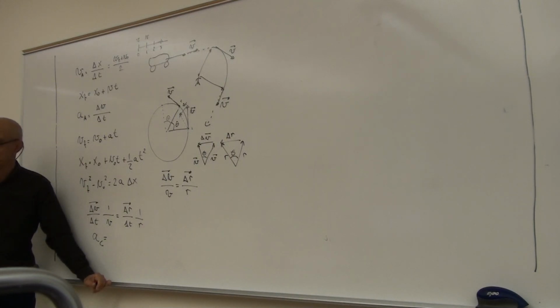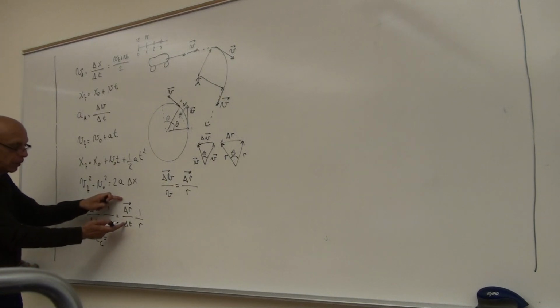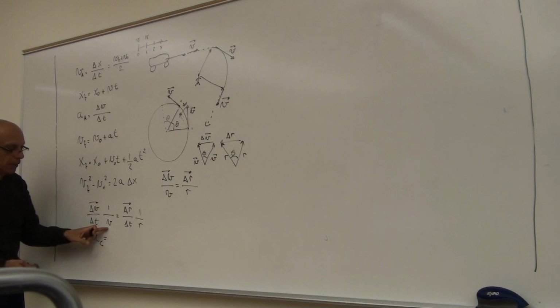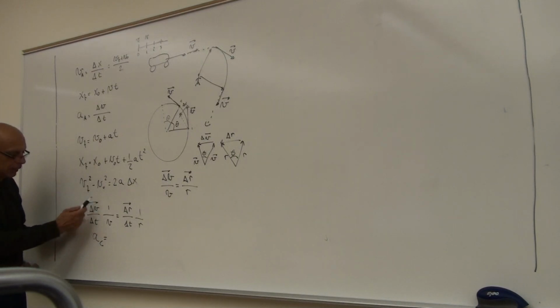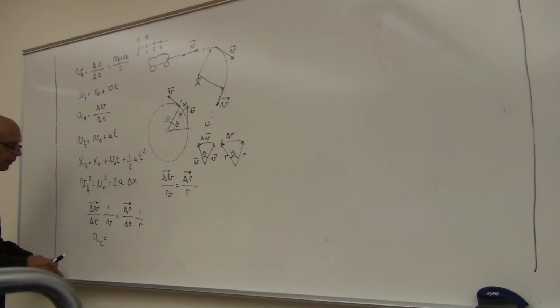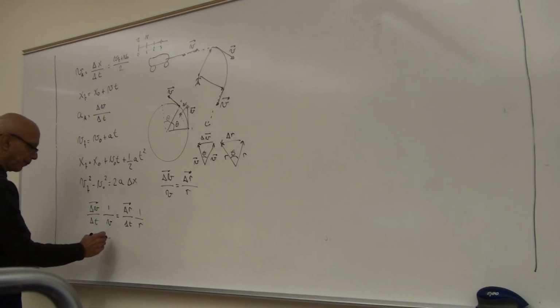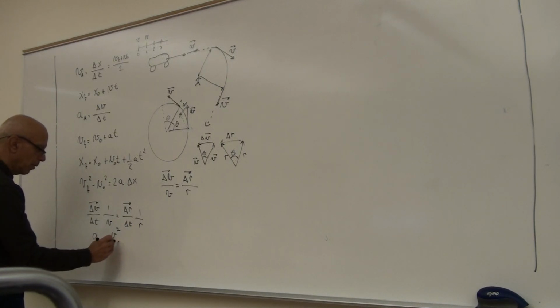What is that? That's velocity. Exactly, velocity. So I have velocity here, and velocity here. I'm going to move this V to the other side, cross multiply, and when I do that, it's going to be V squared over R.